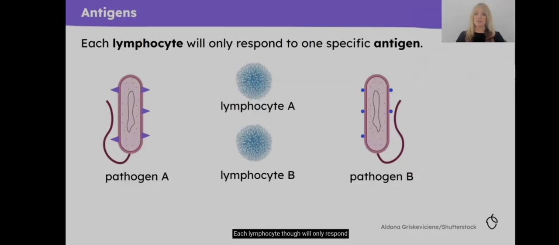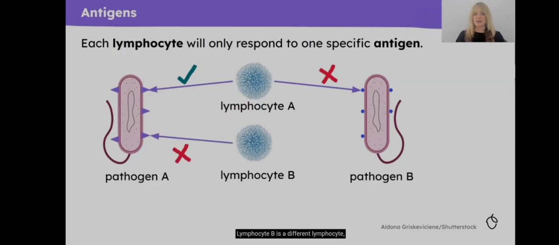Each lymphocyte, though, will only respond to one specific antigen. So for example, we'll look at lymphocyte A, and it is able to recognise and respond to that triangular shaped antigen on the surface of pathogen A. However, that circular shaped one, it will not recognise and therefore it will not respond to it.